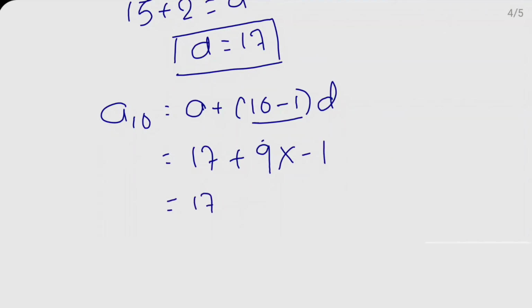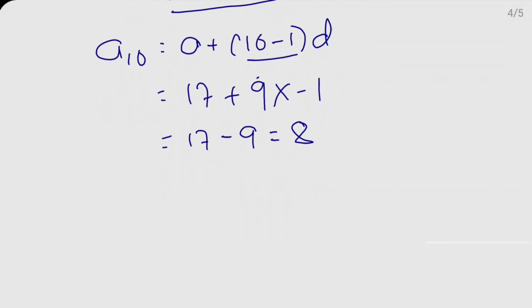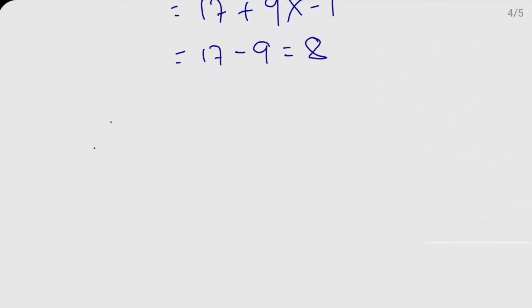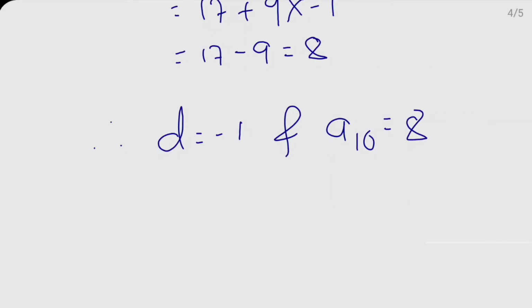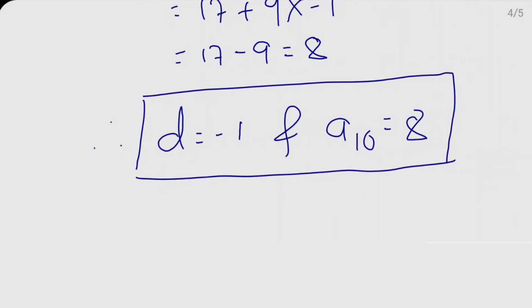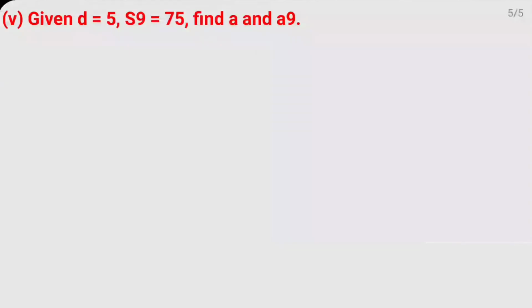So 17 minus 9 is 8. So a10 is 8. So write down the conclusion here. Therefore d is minus 1 and a10 is 8. Is it clear? Well students, look at the next question.